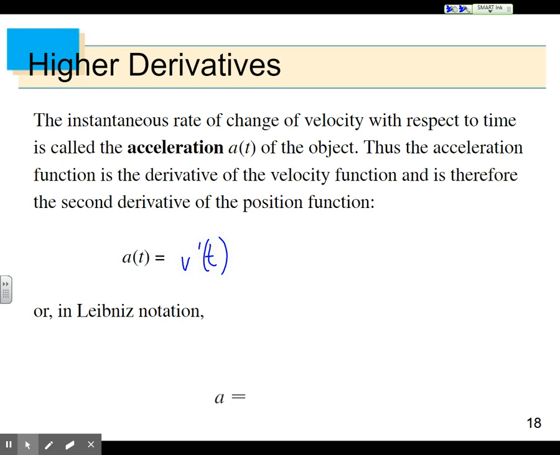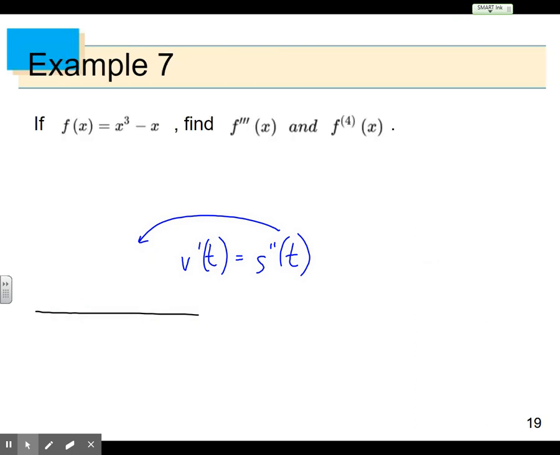And we've done that. Well, remember that the derivative of velocity was simply the derivative of the position. Okay? And so if I just take a second derivative of my position function, it takes me straight to the acceleration. And we'll be doing that some in the homework. I am going to skip this Leibniz notation because we don't need it.